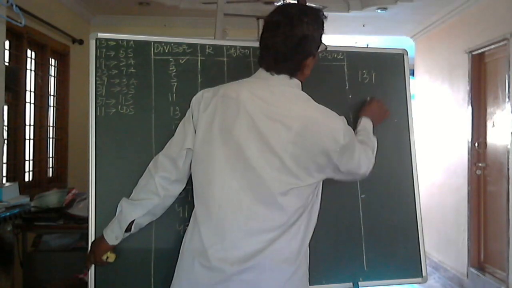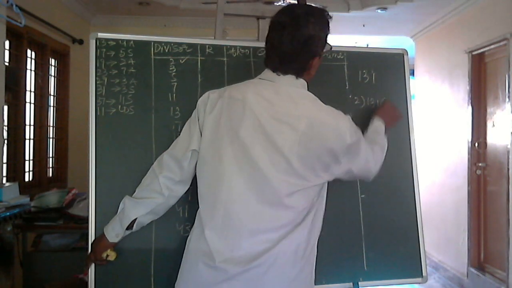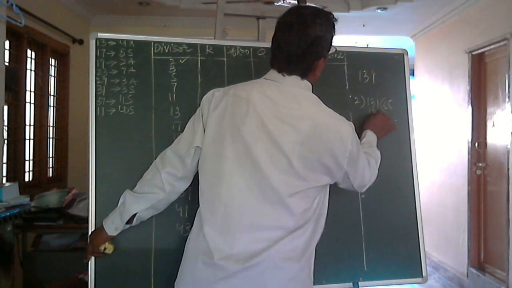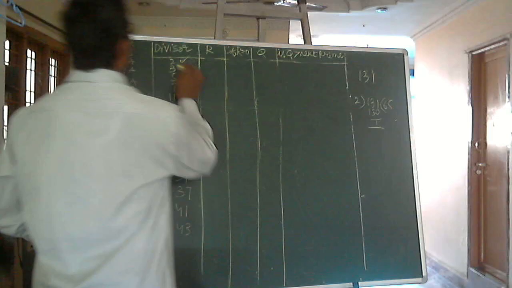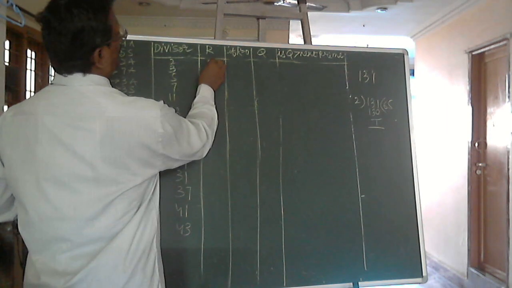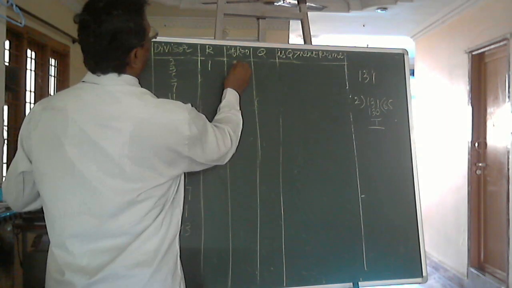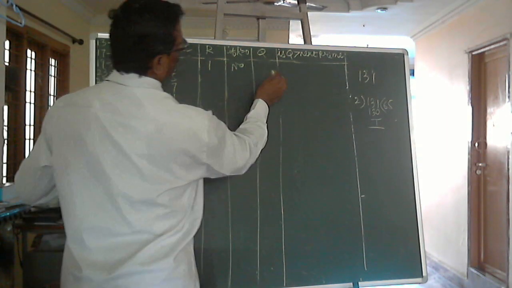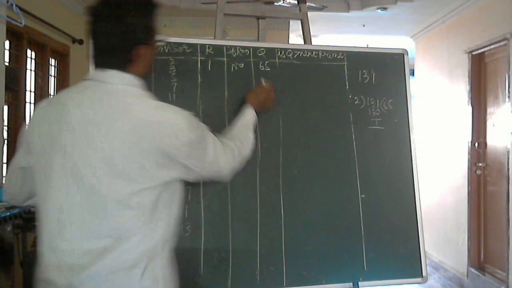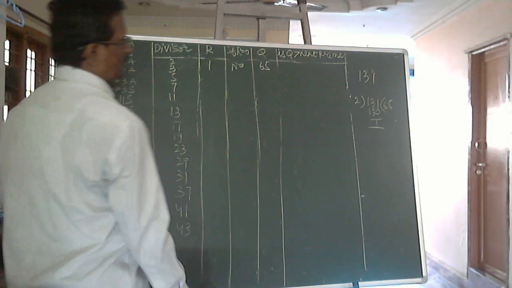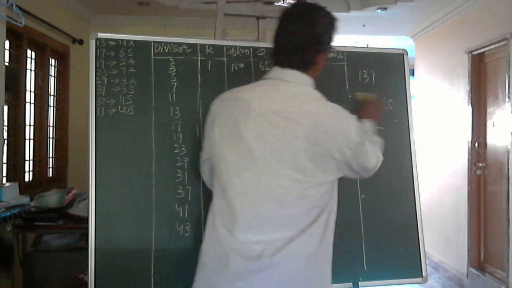On dividing 131 by 2, 65 twos are 130. 1 is the remainder, which is not equal to 0, and quotient is 65. 65 is greater than 3, so divide by 3.